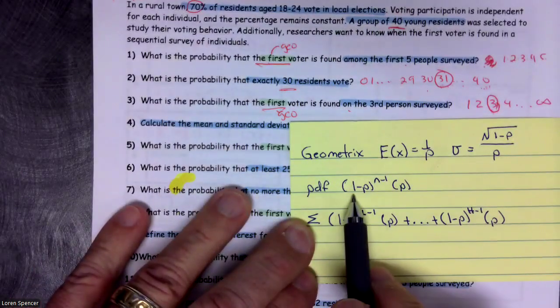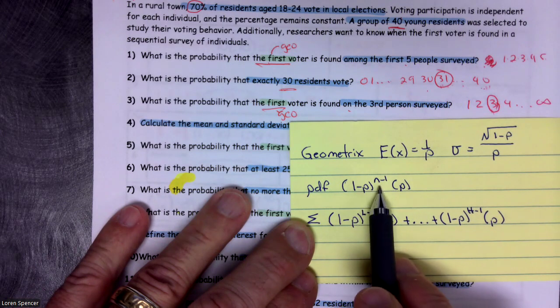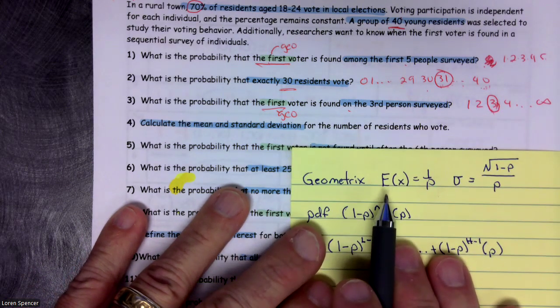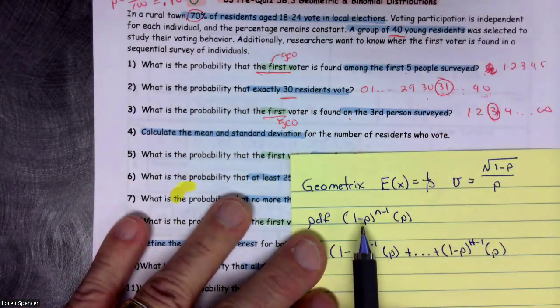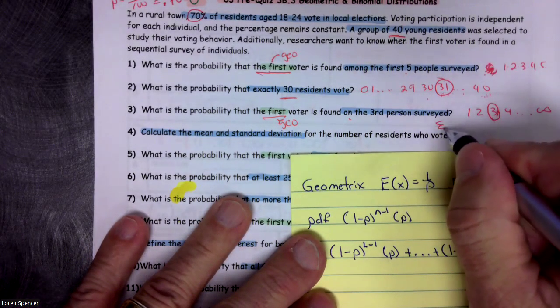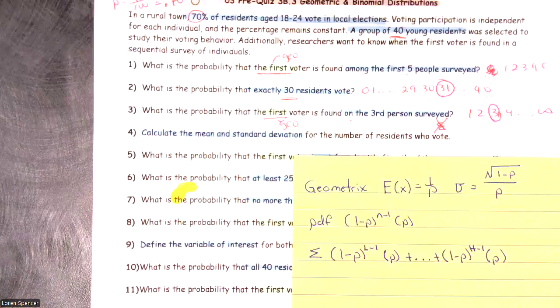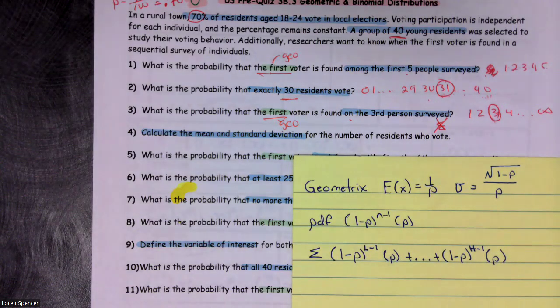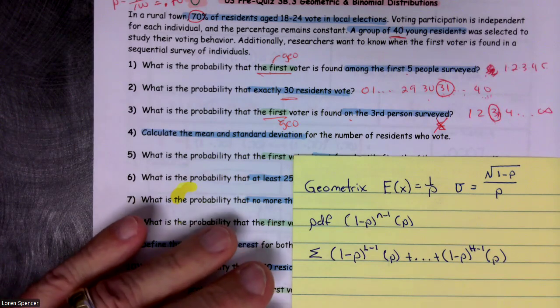The geometric is 1 minus p to the n minus 1 times p, where p is the probability and n is the number of trials. In this case, our number of trials happens to be 3. So I'm only circling one value, so no summation. Remember, if you're circling one value, no summation. If you're circling multiple values, then you use a summation.